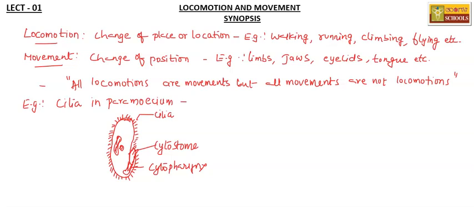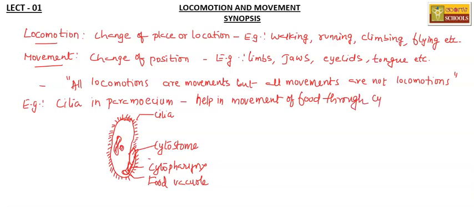The food collected by the cilia is passed into the cytostome. From there it will be ingested through the cytopharynx and results in the formation of a food vacuole, in which the food will undergo digestion and absorption. So the cilia in Paramecium help in movement of food through the cytopharynx.